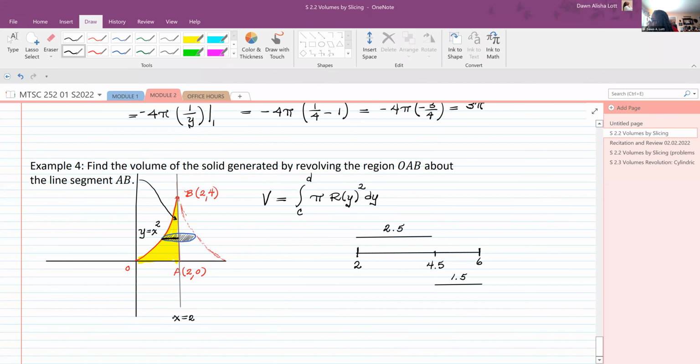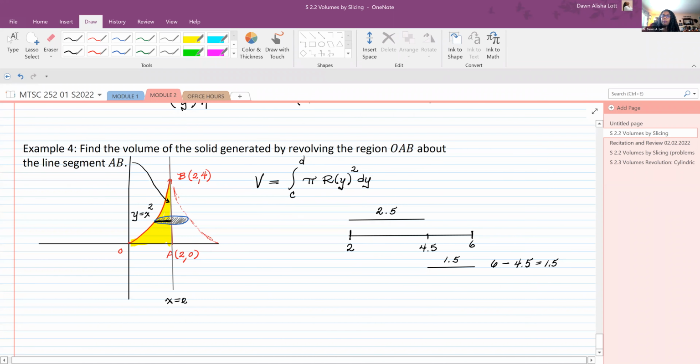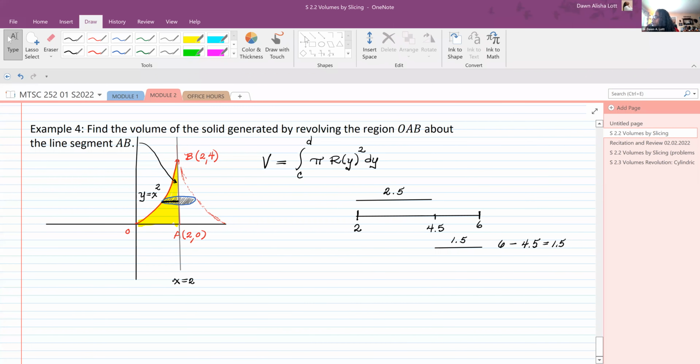Does everybody see that? So for this line, she took 6, she subtracted 4.5, and she got 1.5. Okay, let's keep going. Here's another line.